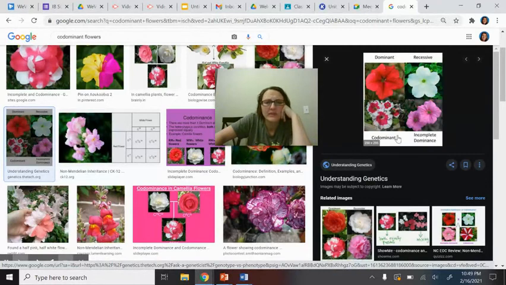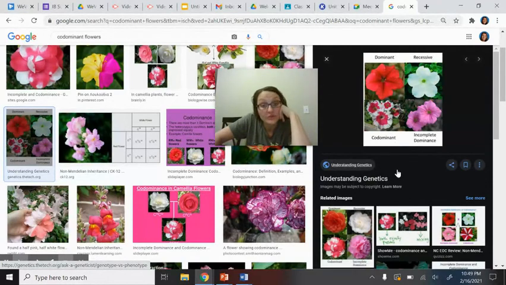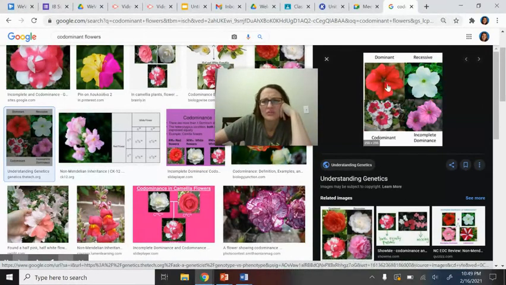You've probably seen these around a grocery store in the outdoor section, or in any market or flower bed, but they're really common flowers. You can see where these are hot pink in the middle and then white on the outside, or red, I guess. And then this one, which is incomplete dominance, which is what we learned earlier, is like a mix.